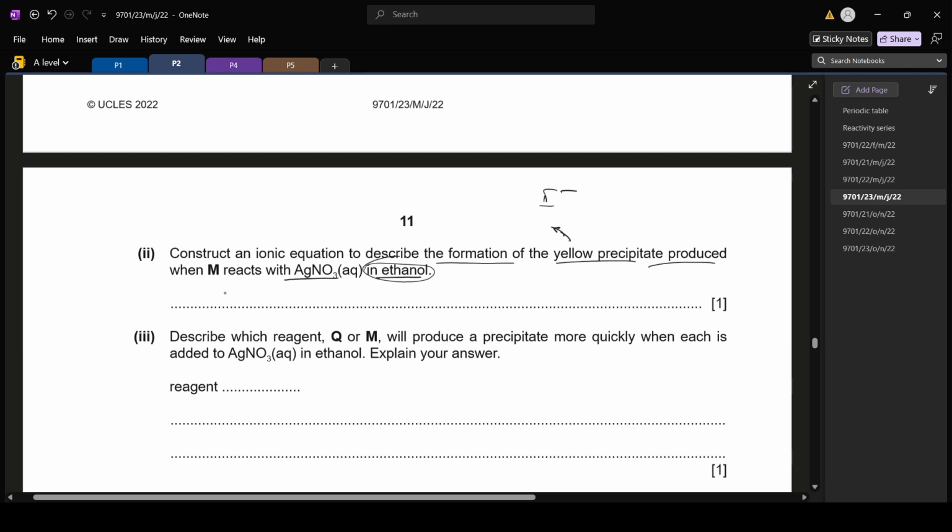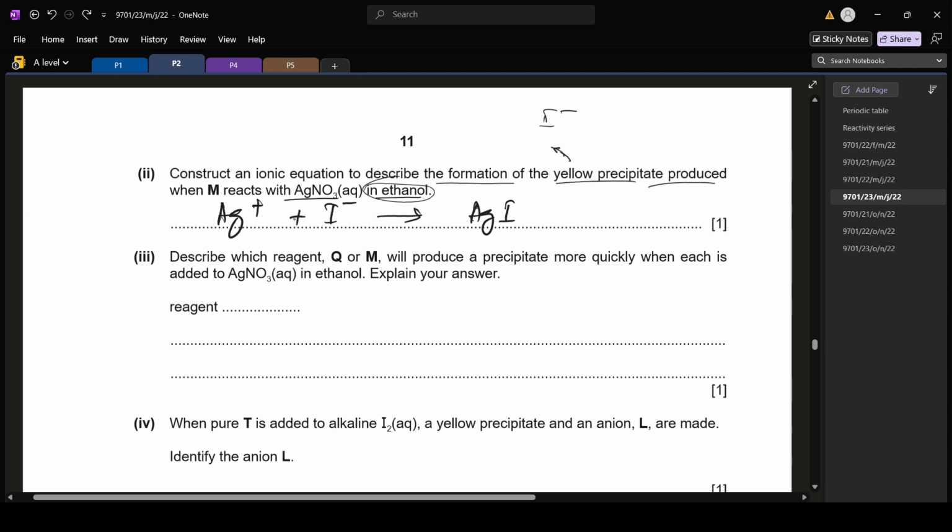So what will be the ionic equation? Silver ions react with iodide ions to form silver iodide as a solid. You are not necessarily required to include states here, but sometimes it says include the states. So both ions will be aqueous and the solid form will be solid.